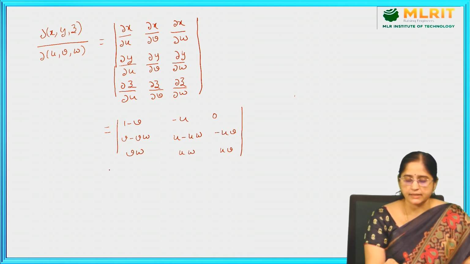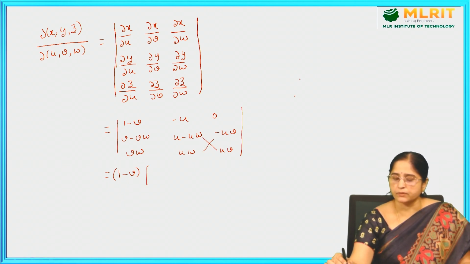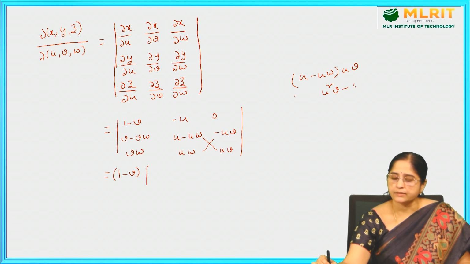So expand this determinant, we will get 1 minus v into the determinant of this one, so u minus uw into uv. So this is equal to u square v minus u square vw.